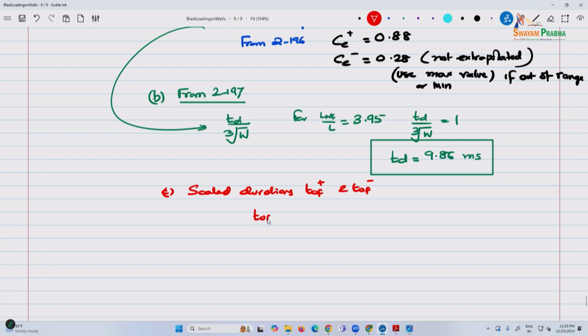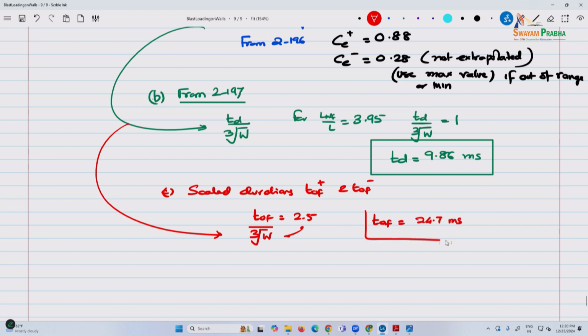TOF by cube root of W, again that's used here also. Cube root of W is 2.5, so multiply these both, you get TOF as 24.7 milliseconds.